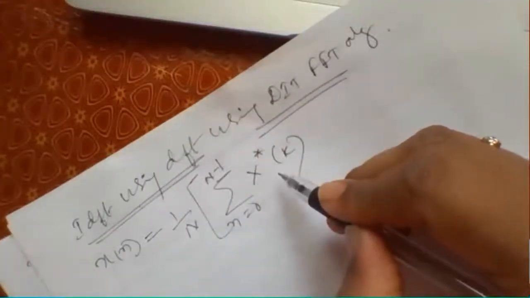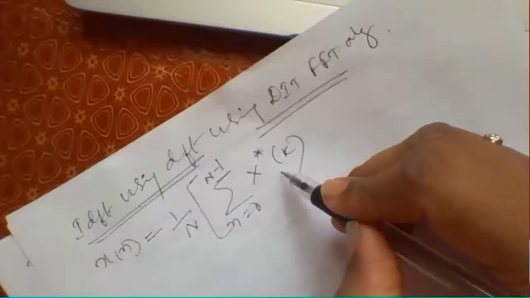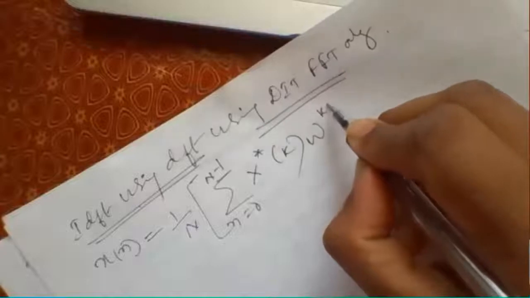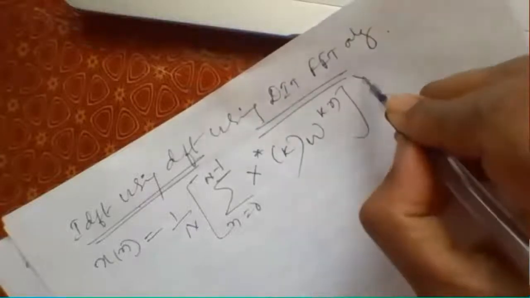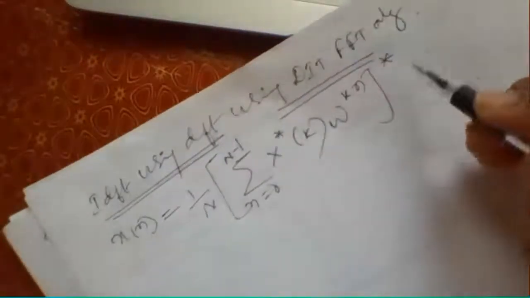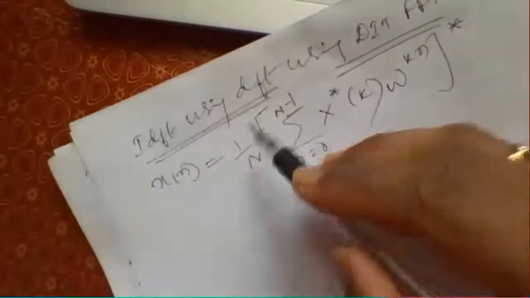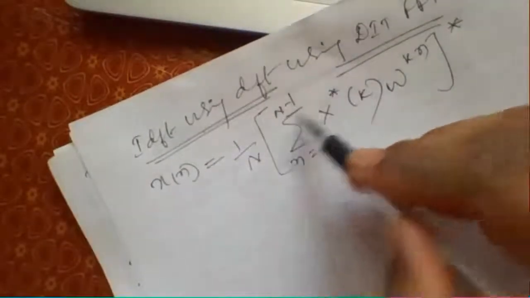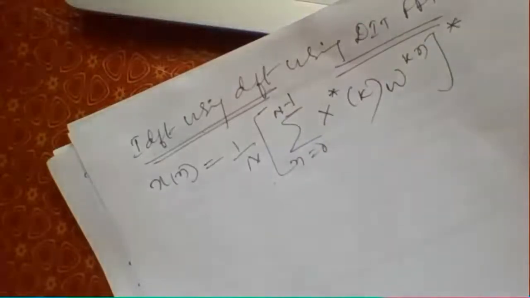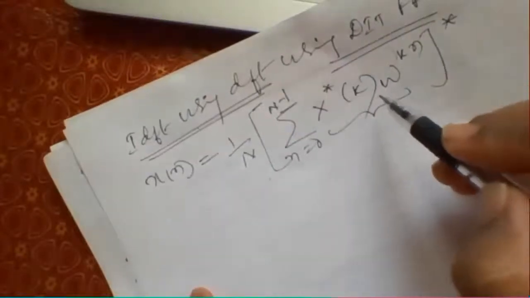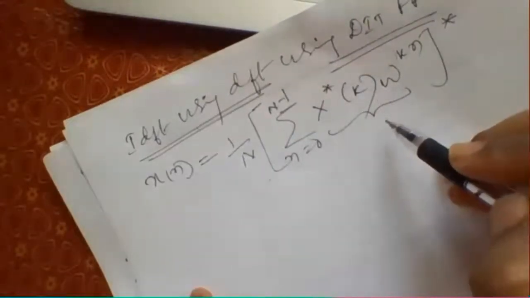You have to take the complex conjugate of the given DFT samples, perform the DFT, and that should be multiplied by 1 by N. Even the same equation we have used while doing the matrix method also. Now the only difference is, whatever this DFT calculation is there, we used to do it with the matrix.